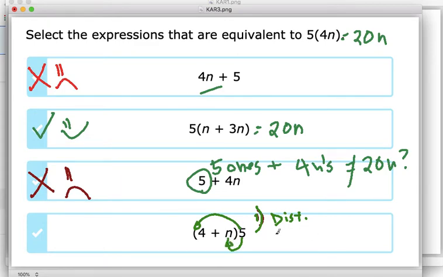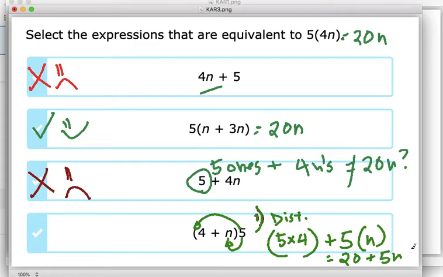And so the first thing that we do is we get 5 times 4 plus 5 times n. And that gets us 20 plus 5n. You can't combine these because this is 1's and this is 5n. And is 20 1's plus 5n equal to 20n? It is not. So unhappy. This does not equal 20n.